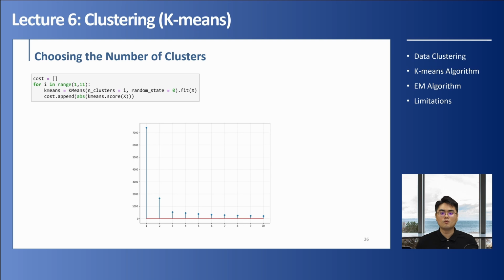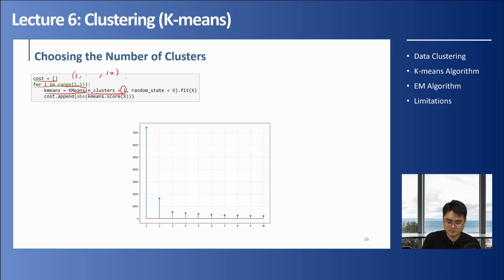So let's see what choosing the elbow point means, looking at the elbow point in the plot of the number of clusters. For example, we can make some empty lists of cost and do k-means clustering for different values, for example, from 1 to 10 clusters. Then we're going to do k-means clustering using scikit-learn's library.